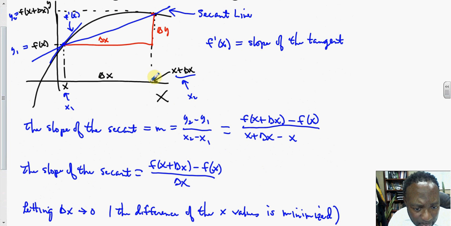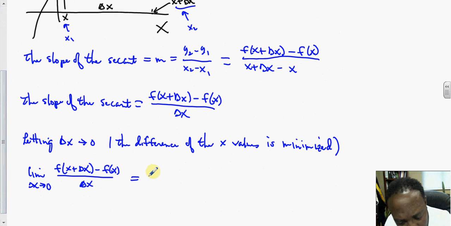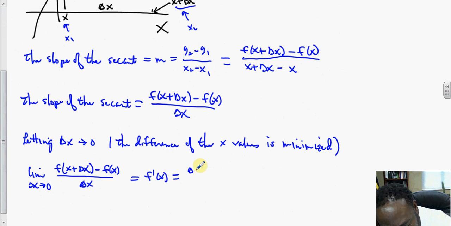If delta x is minimized, then this whole nature travels from here all the way around to the curve back to x, and we take the slope only at that point. And so this is equal to, we call that f prime of x, or obviously that's delta y over delta x, and we say that this is dy, a differential over dx.